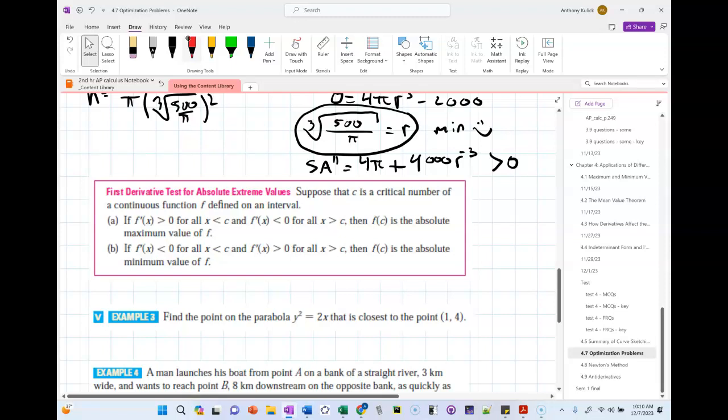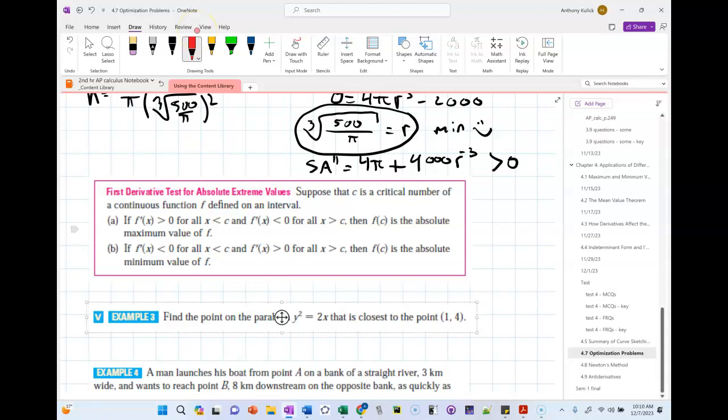So again, our observation here, we state this theorem. If the first derivative is positive for everything less than some value, and the first derivative is negative for everything greater than that value, then that's an absolute maximum. It's basically the first derivative test with just one thing, right?